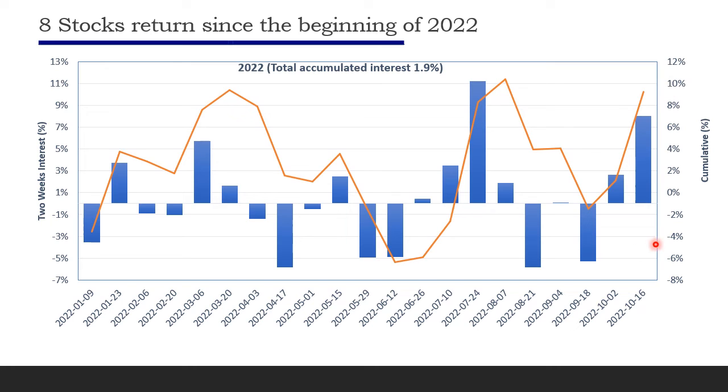As you see, the accumulative of 8 stocks this year is better than 15 stocks, close to 10%. And also the minimum so far since the beginning of the year is somehow better than the 15 stocks.